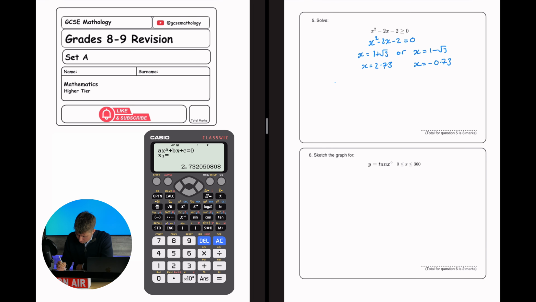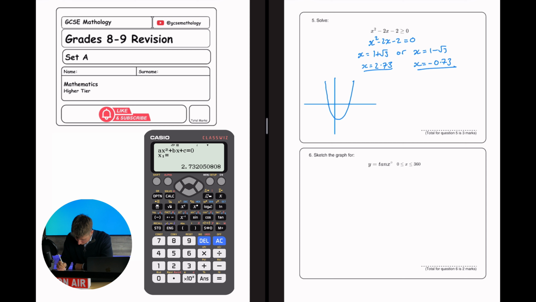So if we look at these points on a graph and we roughly sketch the graph x squared minus 2x minus 2, these points here are the roots, so where they cross the x-axis. So if 2.73 is about here and we say negative 0.73 is about there, we can draw a curve through these points.